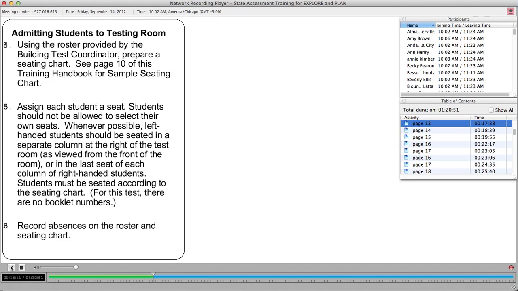As students are admitted, the room supervisor should assign each student a seat. Again, we talked about seating left-handed students, but students should not be allowed to choose their own seats. And on the roster, please make sure that your room supervisors record the absences, both on the roster and the seating chart.